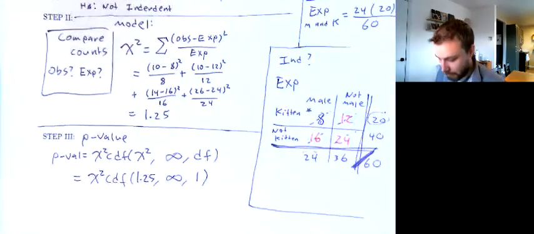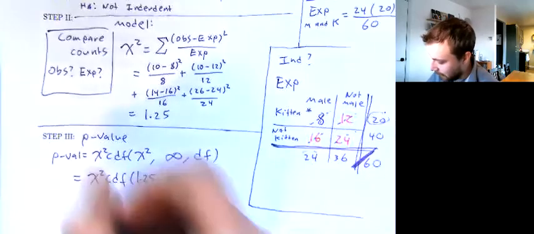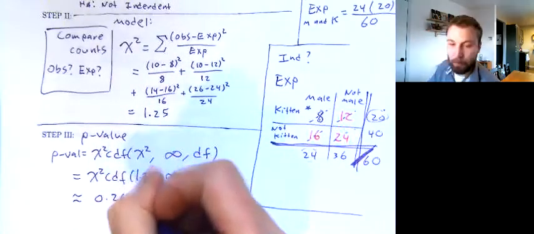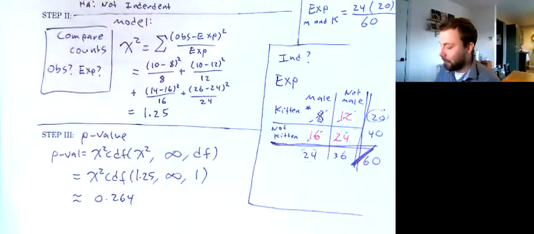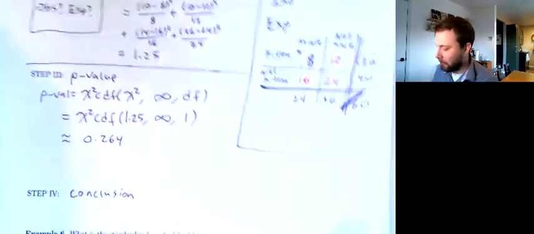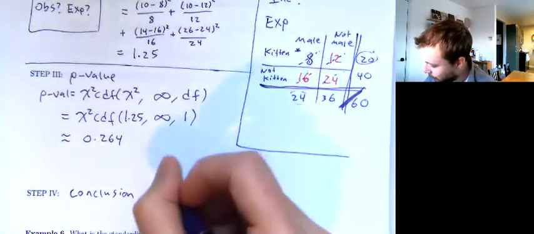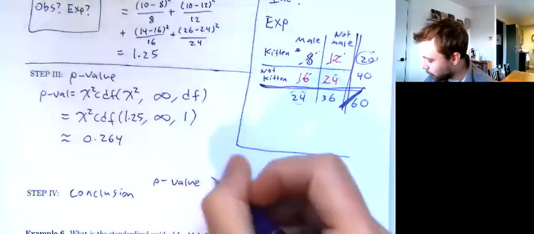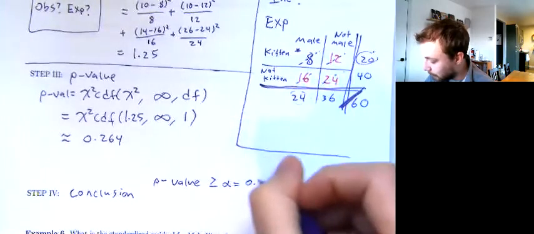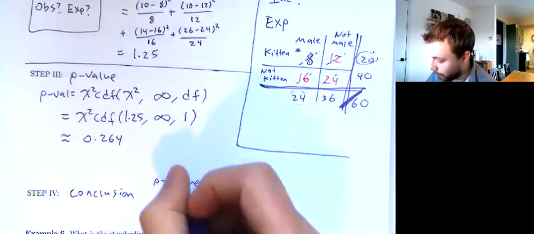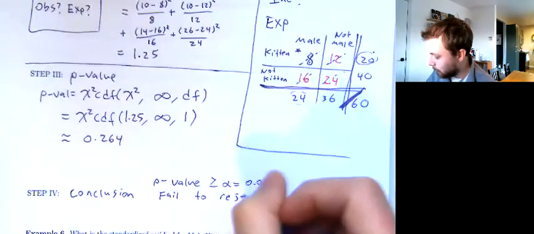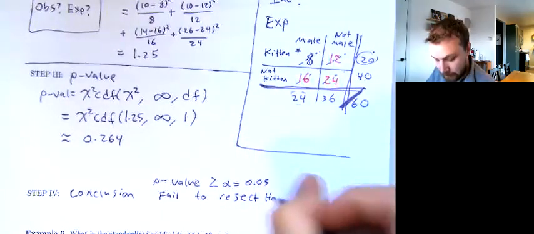When I type this into my calculator, I end up getting a p-value of approximately 26.4%, which is pretty large, all things considered. Since my p-value is bigger than a neutral alpha level of something like 5%, I would fail to reject the null hypothesis.